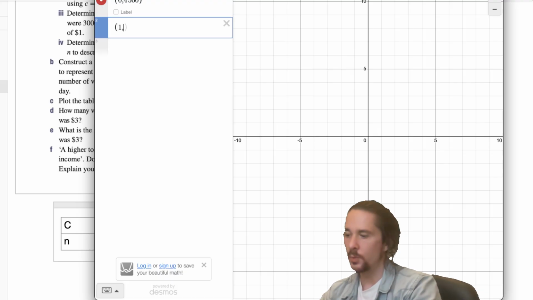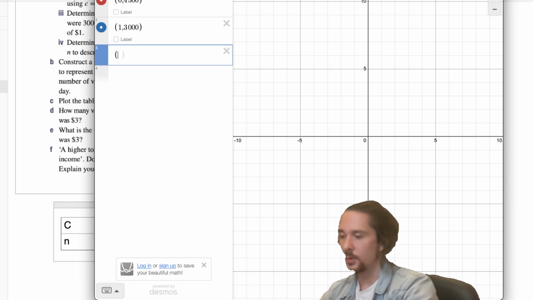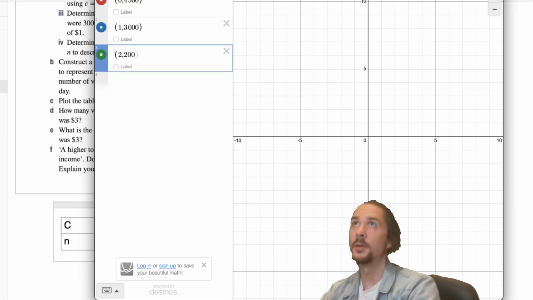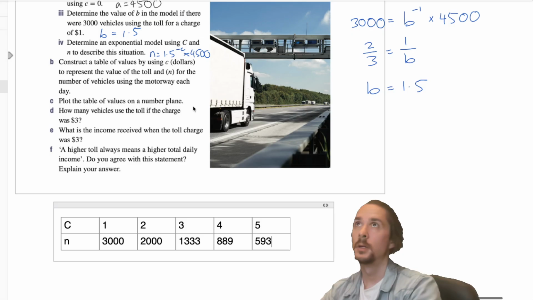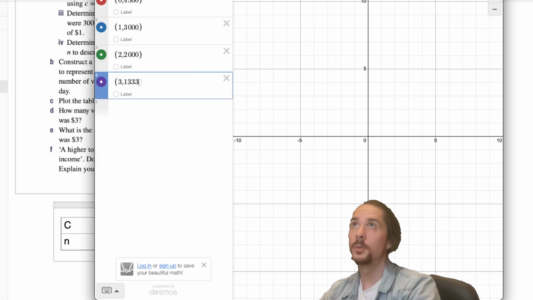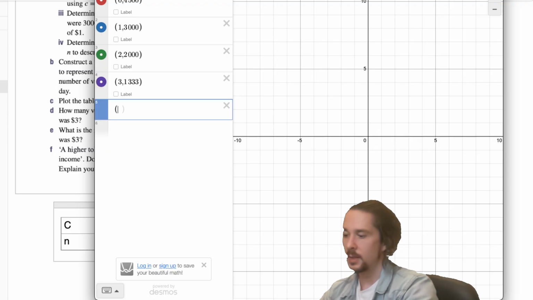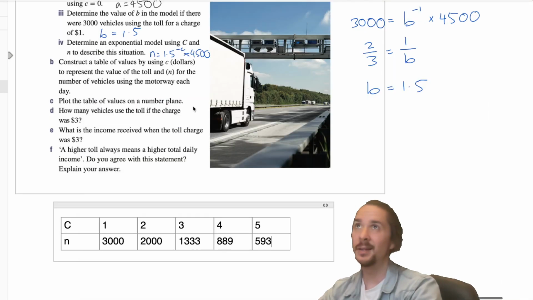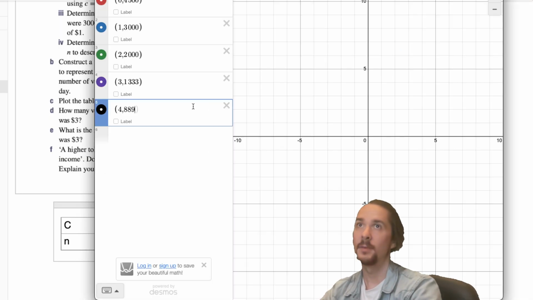We have the point 1, 3,000. We have the point 2, 2,000. That's correct, yep. And then it's 3, 1,333. And then it's 4, 889. Yes, and 5, 593.